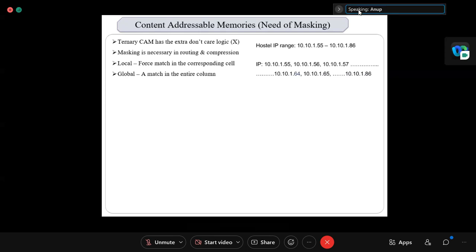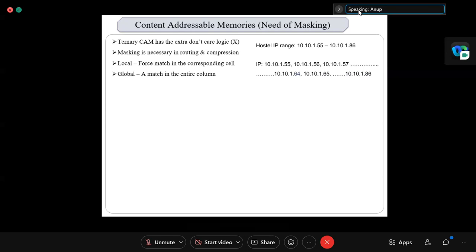Now, from our internet center, they would like to control who is doing something wrong. We need to search for those specific persons, and for that we need to search between 55 and 86.